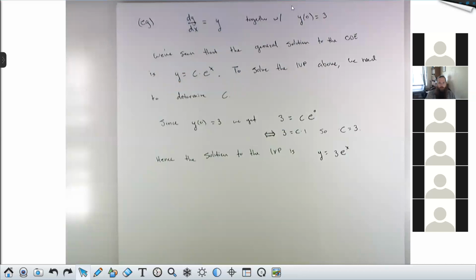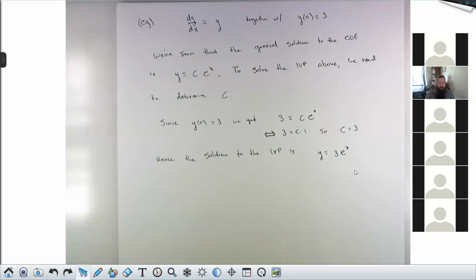But as soon as you specify an initial condition, we have a unique solution, a single function that satisfies this IVP. And that's a big deal. One of the largest challenges in differential equations is figuring out when a particular differential equation or initial value problem even has a solution.